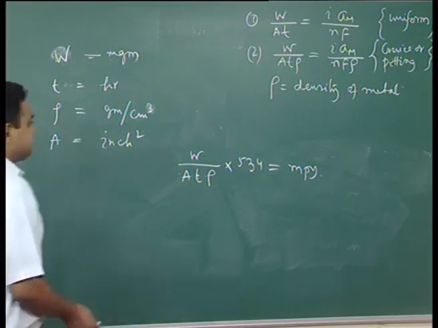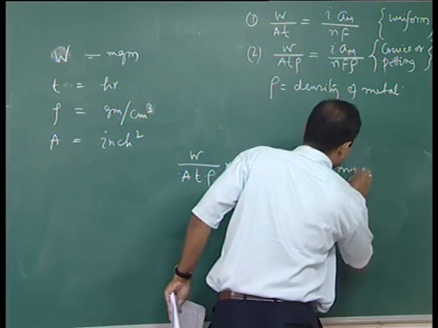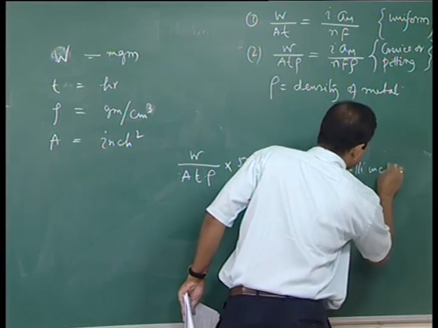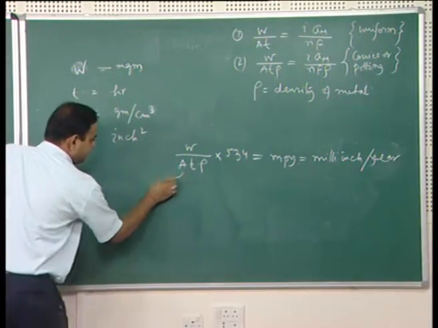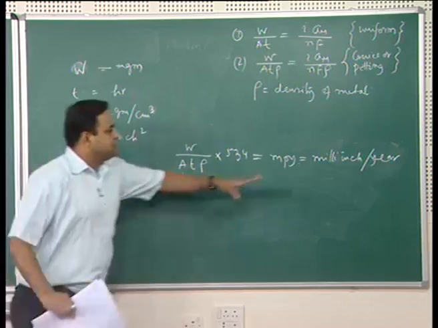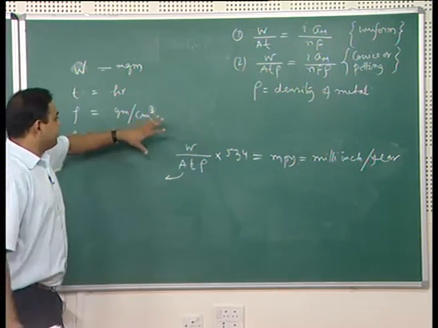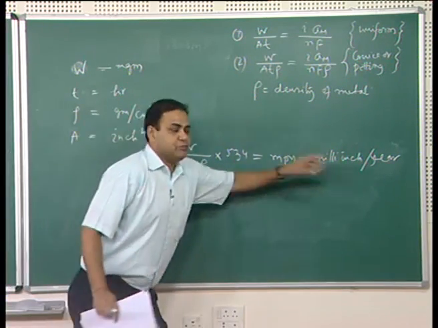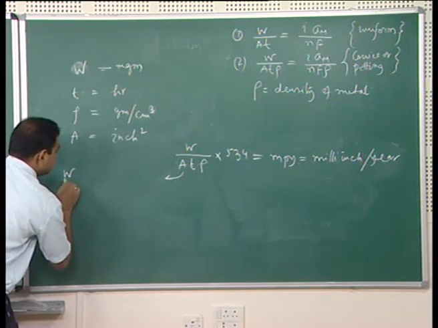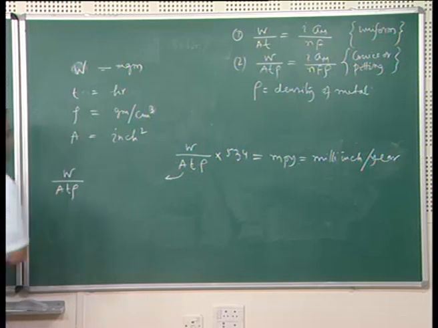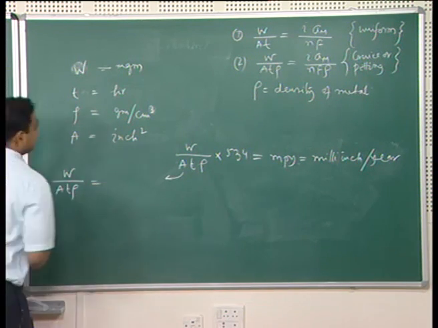Now, since this is in milli-inch per year, I need to convert everything in the form of milli-inch so that we come across this unit. Let us see, if we know this W by A T rho and I put all those units, let us see what happens.